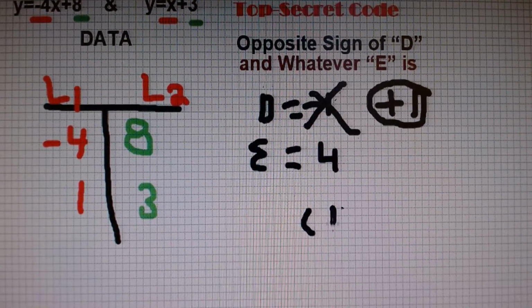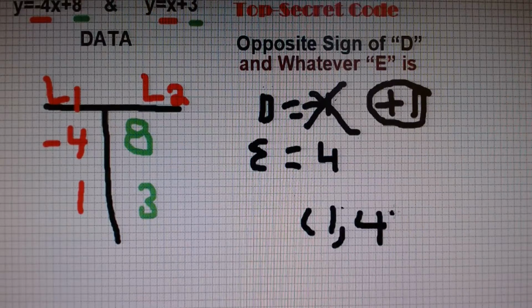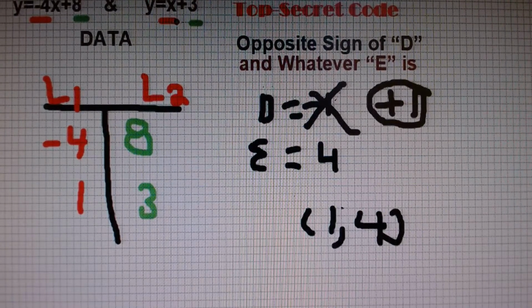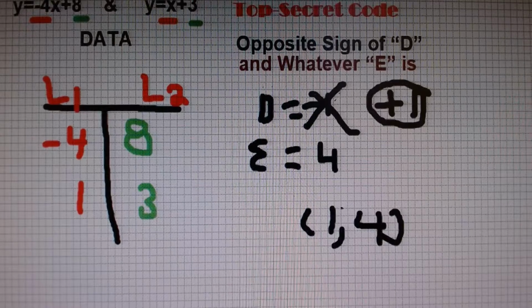My solution will be 1, 4. And so when you have two equations of y equals -4x plus 8 and y equals x plus 3 using the Ti-30XS calculator method, it's the opposite sign of D, which I changed from -1 to +1, and whatever E is.